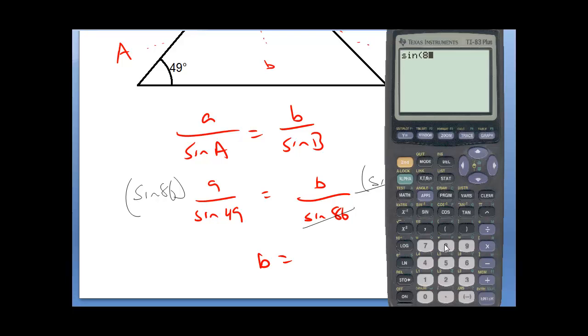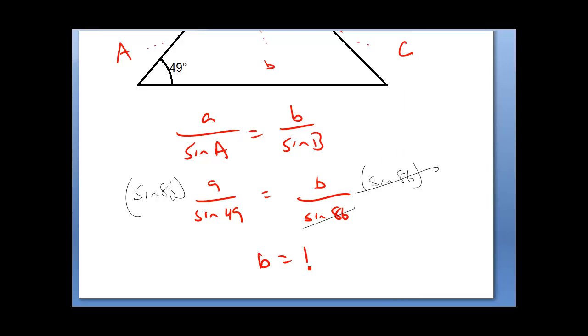Sine 86 times 9 divided by sine 49. Bracket, enter. Okay, b is 11.9, we'll just go to one decimal place, 11.9 units. Whether it's meters or centimeters, I don't really know.